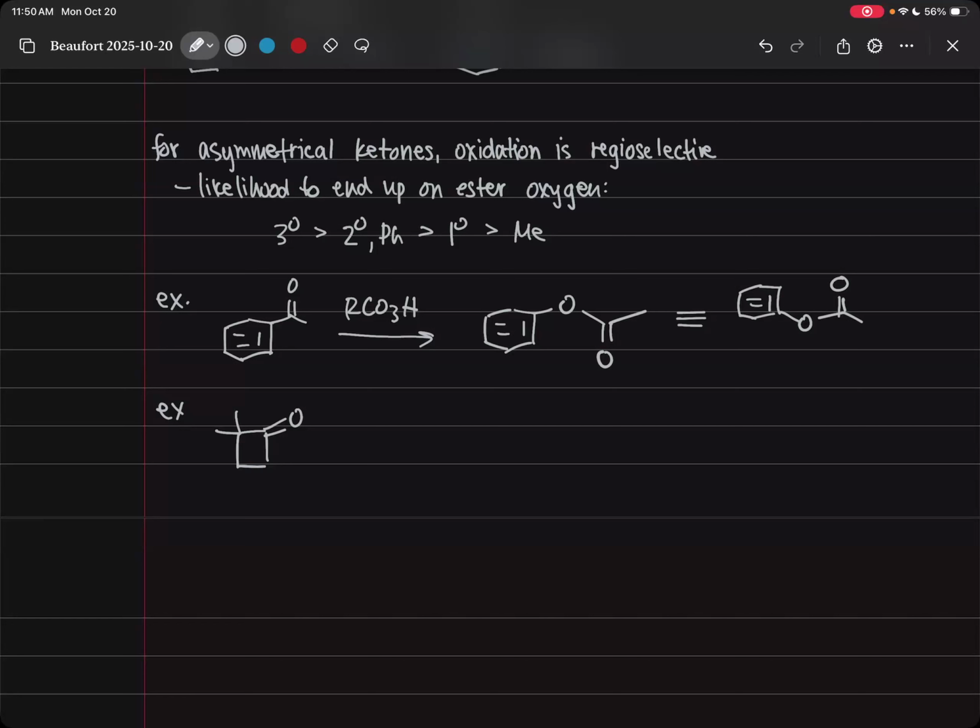But over here, this one is tertiary because other than the bond to the carbonyl, we've got 1, 2, 3 bonds.